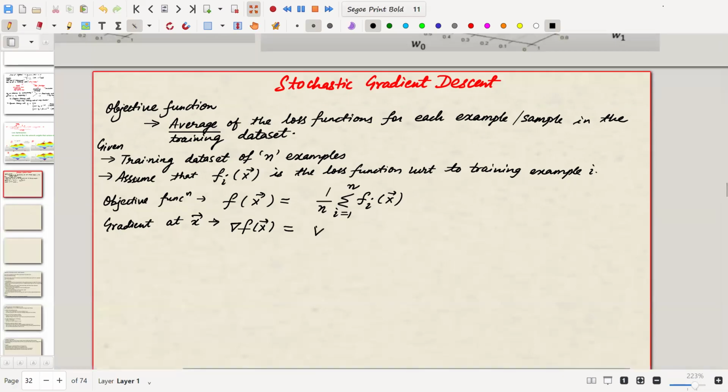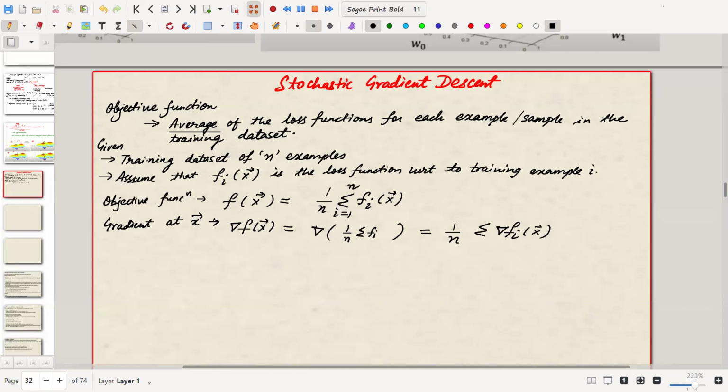What you can do is take the grad of 1 by n summation of f_i, but that is the same as 1 by n summation of grad f_i of x bar, i equal to 1 to n. Think of gradient as differentiation. What would have happened if you had d by dx here? You would have taken it inside, right? That's what we are doing here.